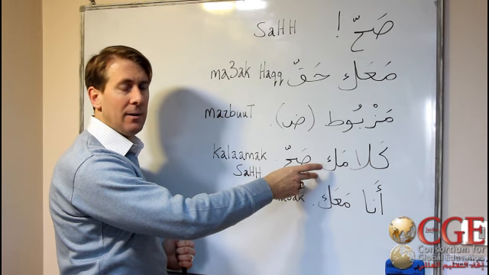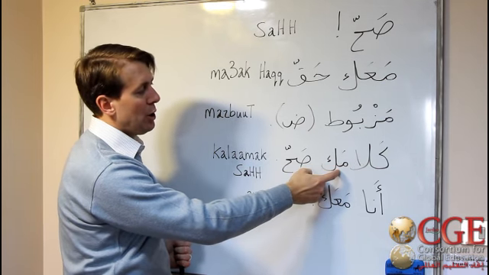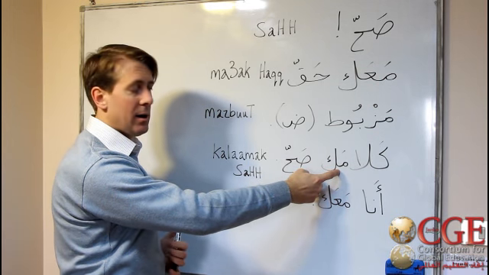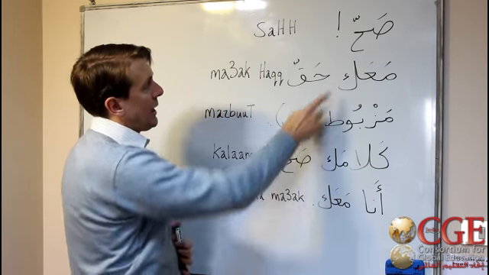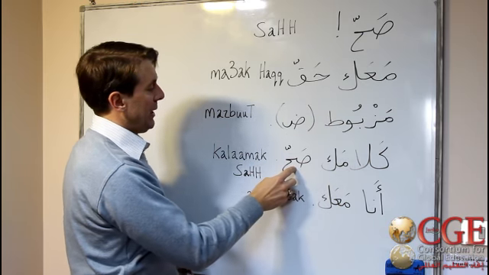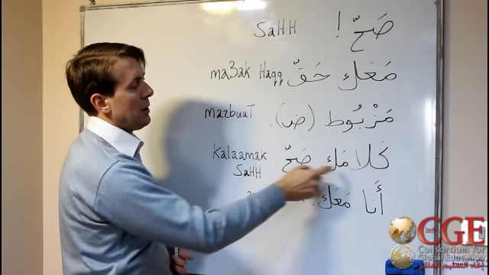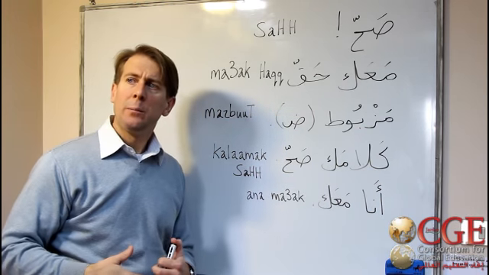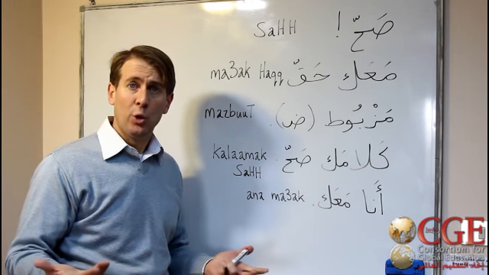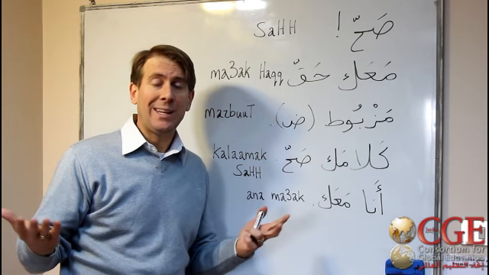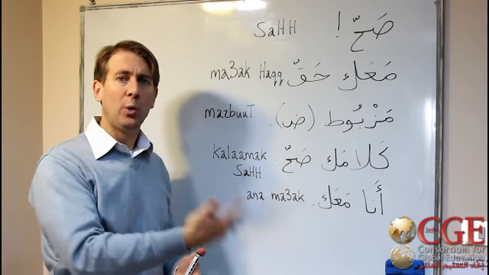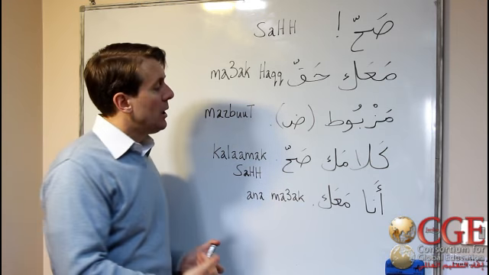And the next one is كلامك صح. Or if it's a girl, you would say كلامك صح. Now, we're taking صح from here, bringing it down, so this means correct. But here, كلام comes from كلمة, the word which means word, or كلم, he spoke, that's the verb.